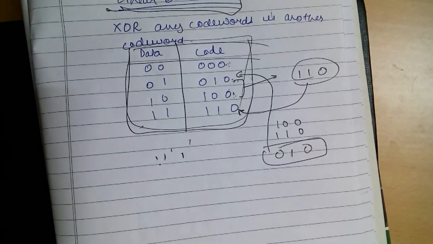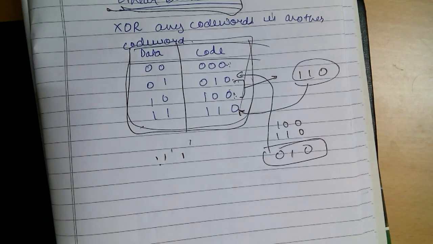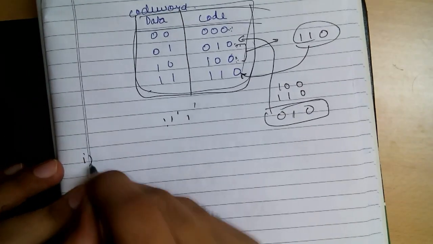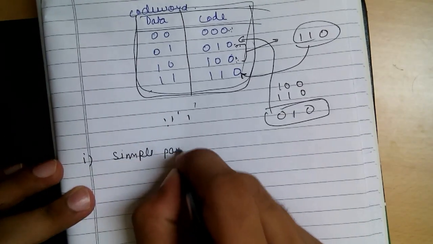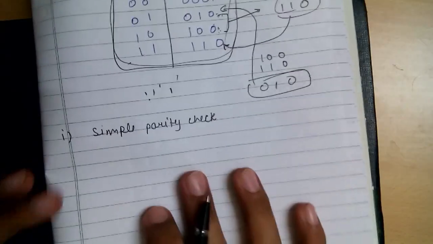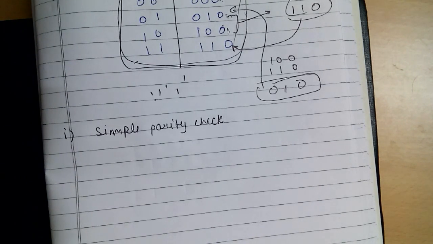Well, the first one we are going to talk about under the linear block codes is known as simple parity check. What is this? Well, simple parity check is an error detecting code.